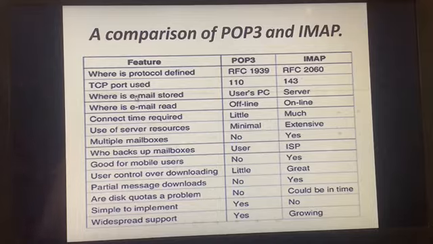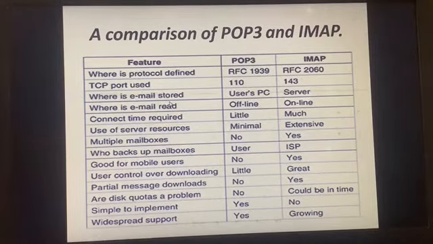So the first feature is where the protocol is defined. The RFC we had seen, the RFC standard: POP3 is defined in RFC 1939, and IMAP is defined in RFC 2060. This you have to remember. After that, the TCP port number: for SMTP it was 25, for POP3 it was 110, and for IMAP it is 143.